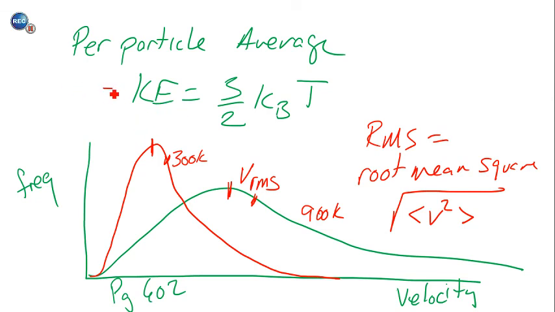Right? It is 1/2 the mass of the particle times v squared. So these are average numbers. So that's an average velocity. But the gist of it is the average kinetic energy per particle is a function of the temperature. If you heat it up, particles go faster.